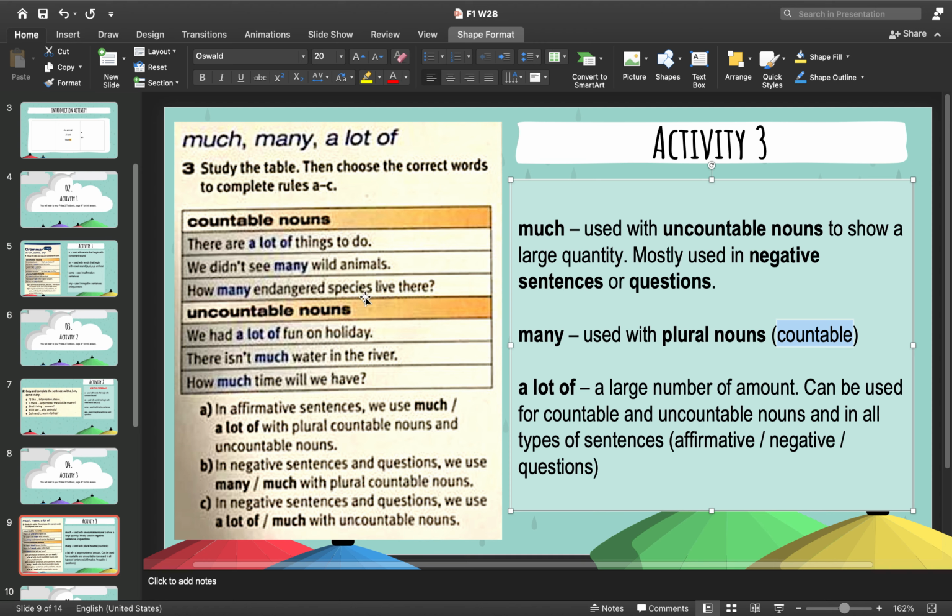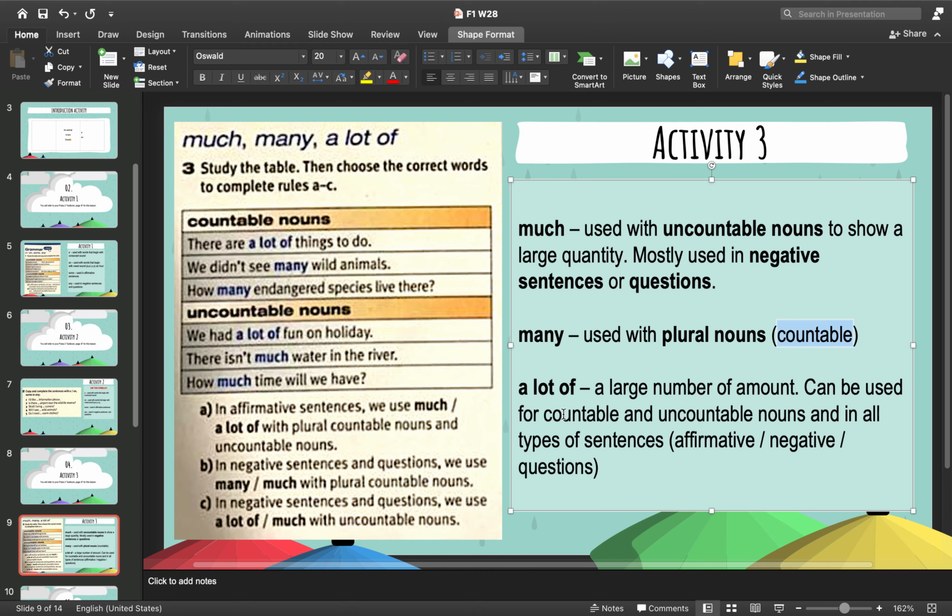Berapa banyak spesies terancam yang tinggal di sana. Okay, so untuk many ni dia boleh pakai dengan questions, boleh pakai negative sentence. Okay, tapi dia hanya untuk countable nouns sahaja. Kata nama yang boleh dikira.